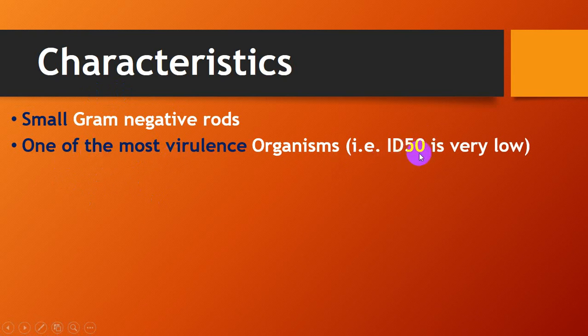But its ID50 is very low, meaning a few bacteria will cause the most dangerous infection. It means ID50 is low. Next, bipolar safety pin staining. You have heard about a safety pin, its shape. I will show you in the next slide.